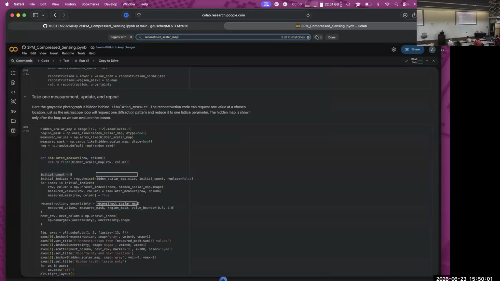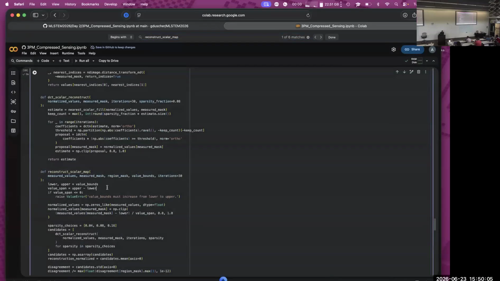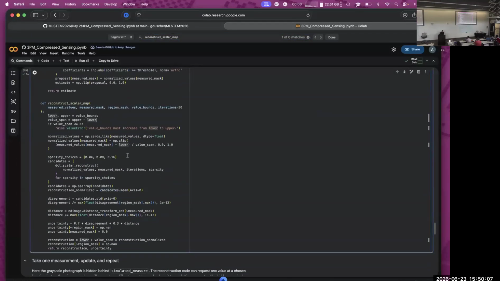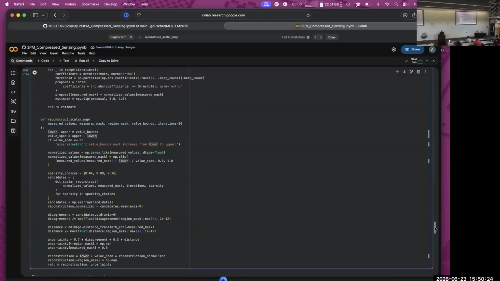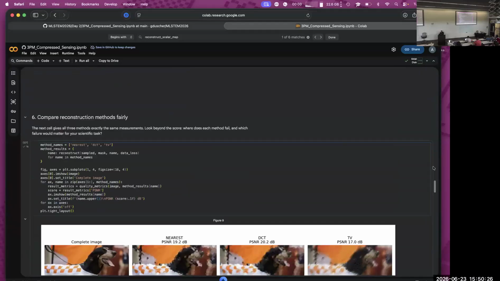So if you want to see more how the uncertainty is calculated, you can look in the reconstruct scalar map. And this is essentially a distance between the reconstructed image and your expected patterns that you were hoping to see in the image.